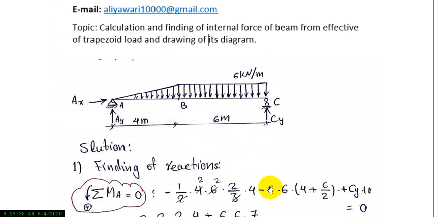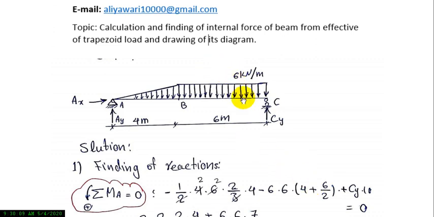Minus, or negative, because this part is also acting clockwise: 6 multiplied by 6. 6 is the length of this girder, and the height is the load acting on that beam, multiplied by the arm of this loading.